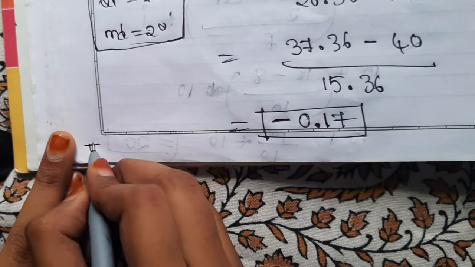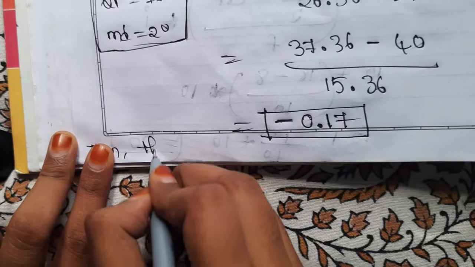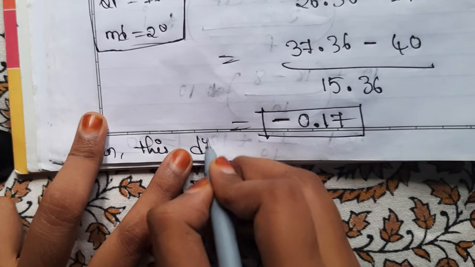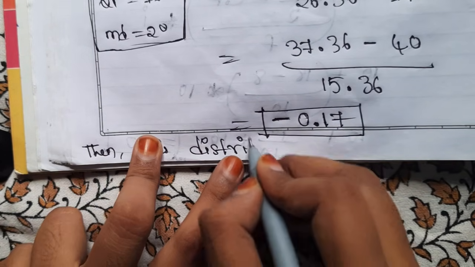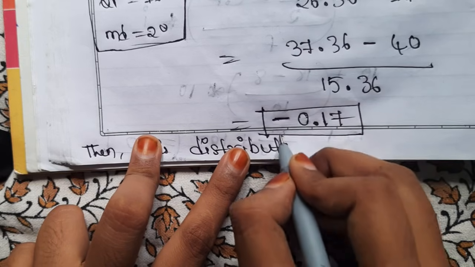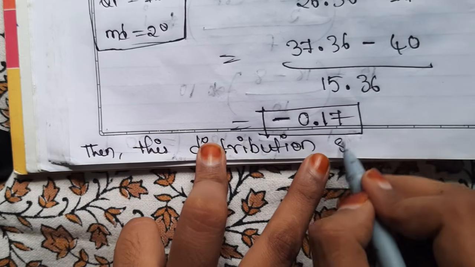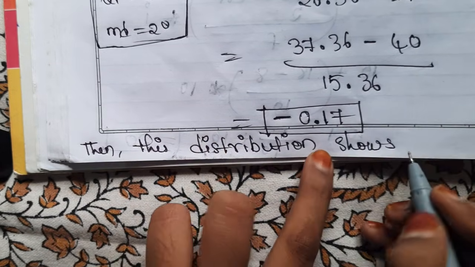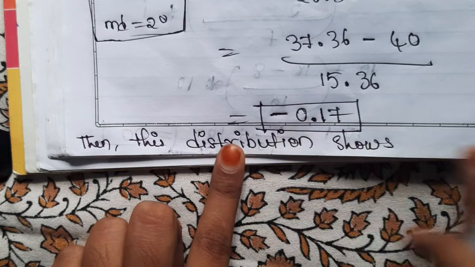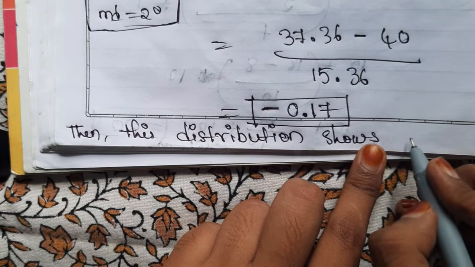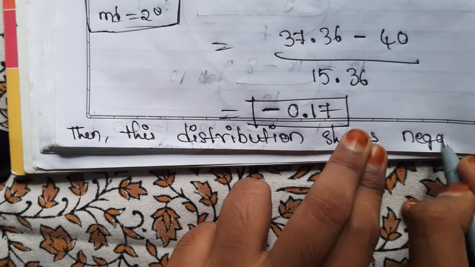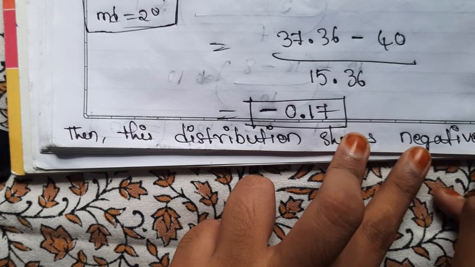See, then this skewness shows this distribution is negatively skewed.